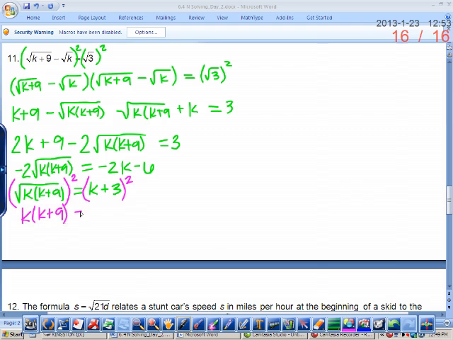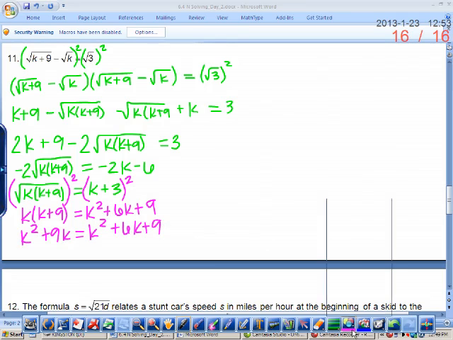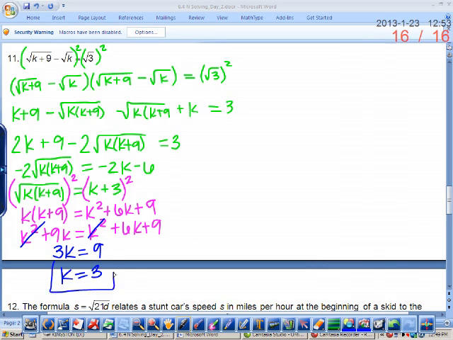So I get k times k plus 9 equals k squared plus 6k plus 9. So we get k squared plus 9k equals k squared plus 6k plus 9. What do you notice? Your k squareds cancel. Can I subtract 6k? So I have 3k equals 9. So k equals 3. I will go ahead and tell you that if you check it, it works.